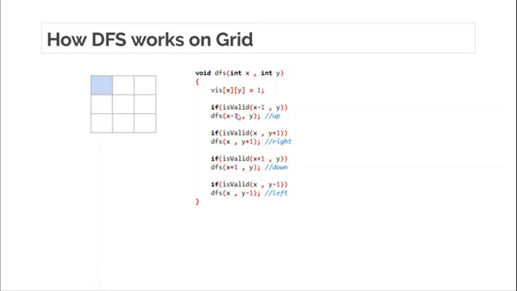Now you try to go right. Yes, you can go right because the cell on the right exists and is unvisited. So from there you would make a DFS call to cell 12. This indicates that from this cell you made a DFS call with the second operation, which means going right.